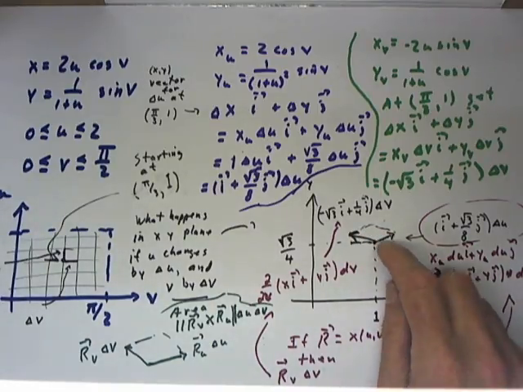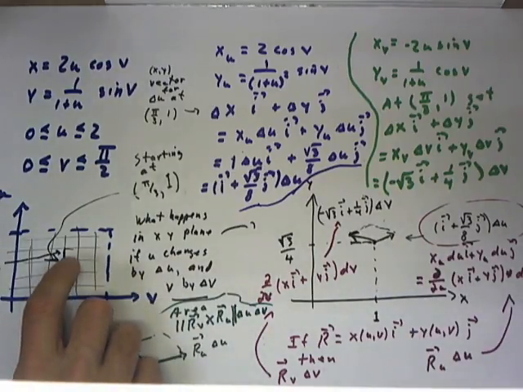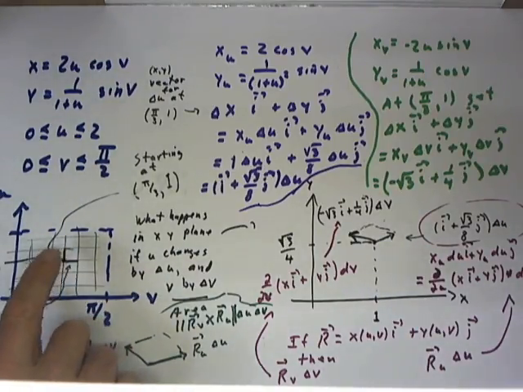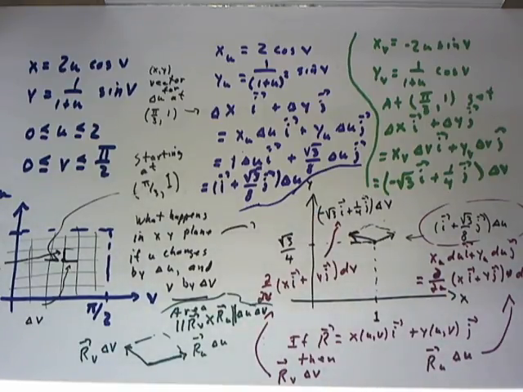parallelogram, and the area of that parallelogram is the area that we get when we transform this rectangle in the uv space into xy space.